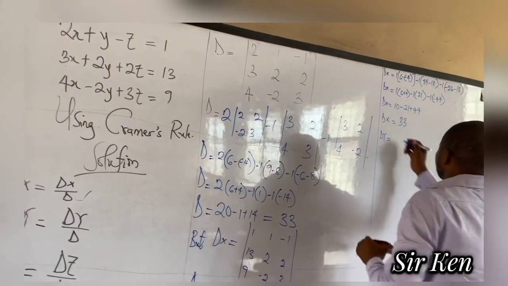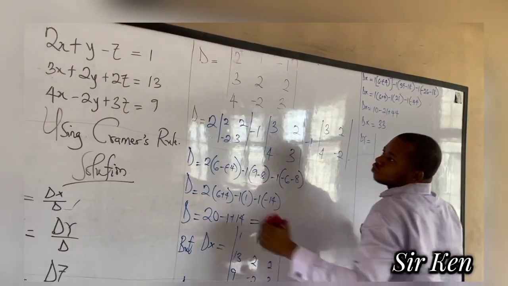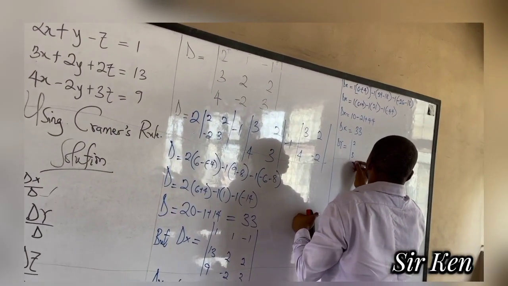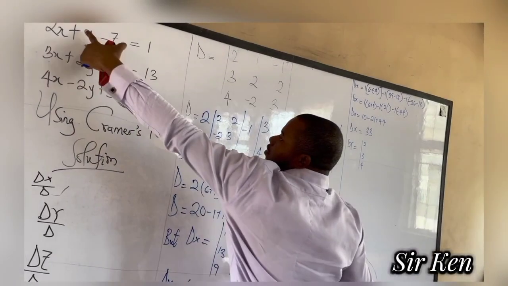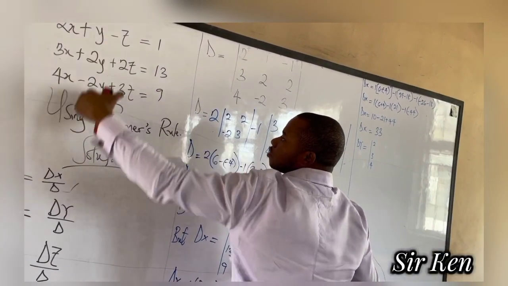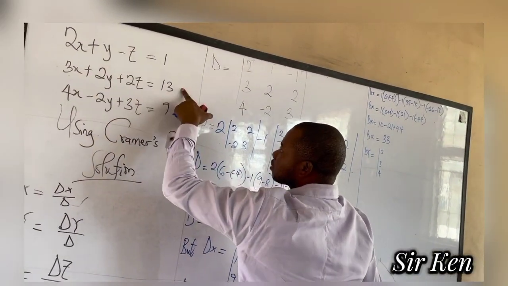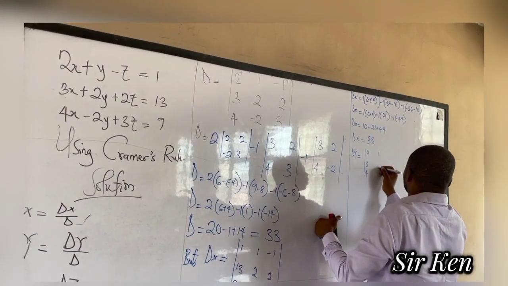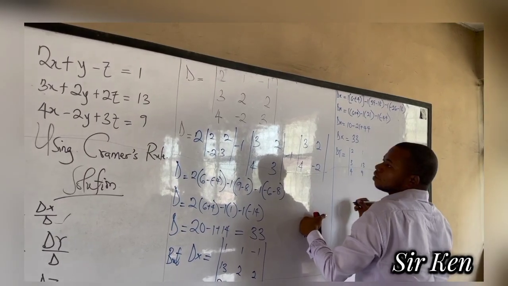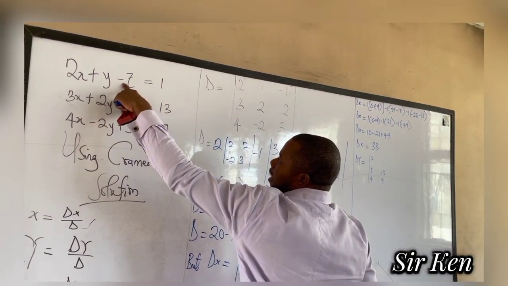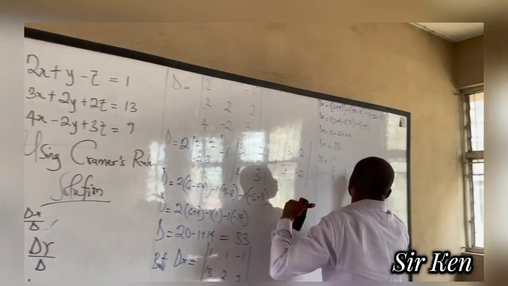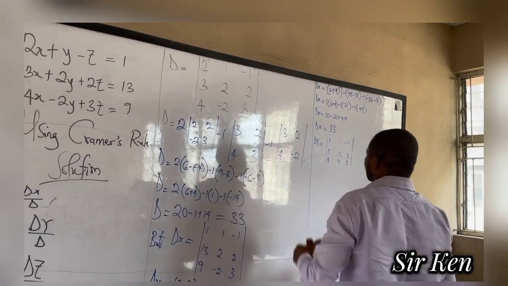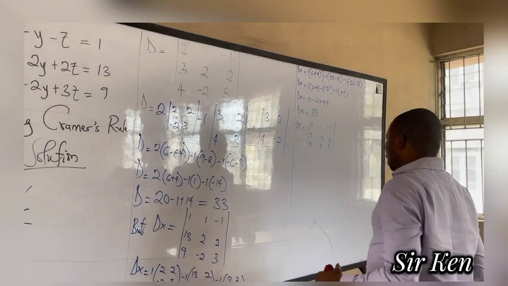So I'm going to have 2, 3, 4. Then this is y, so I'm going to substitute the coefficient of y for this constant, that will be 1, 3, 9. And finally minus 1, 2, 3. That is what we're going to have for the y.